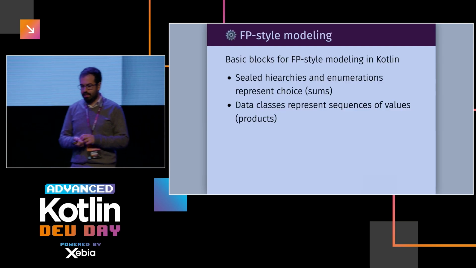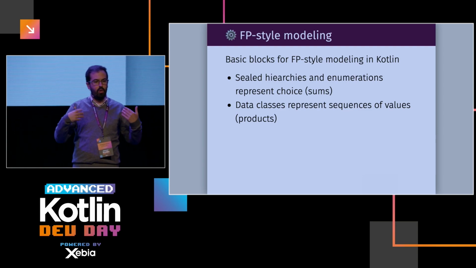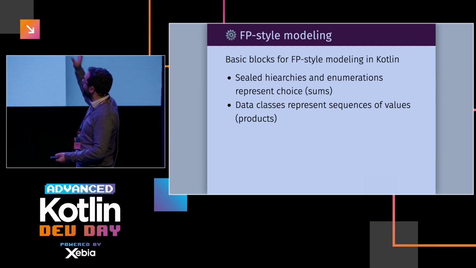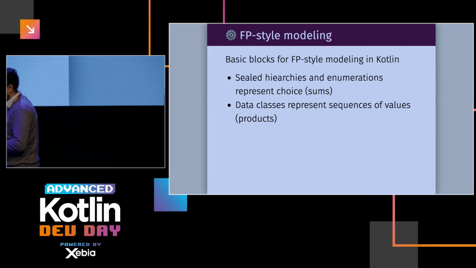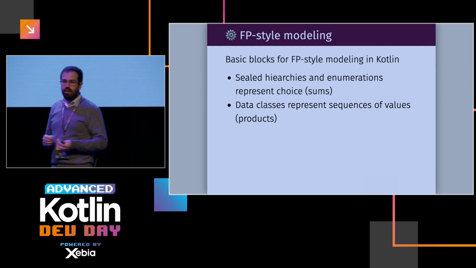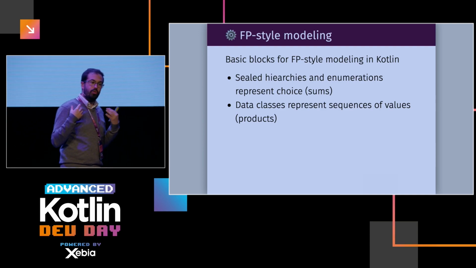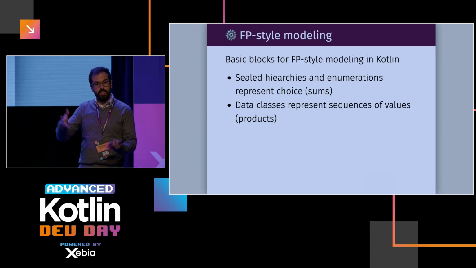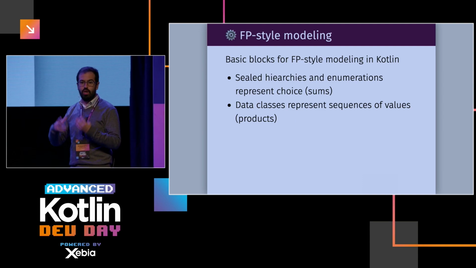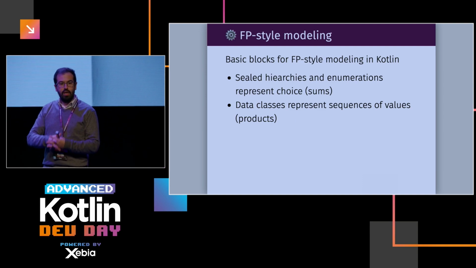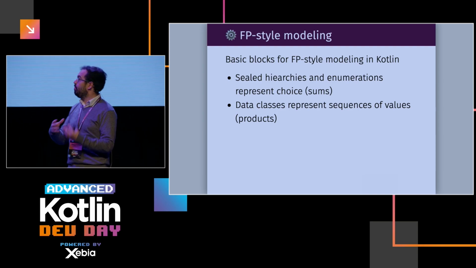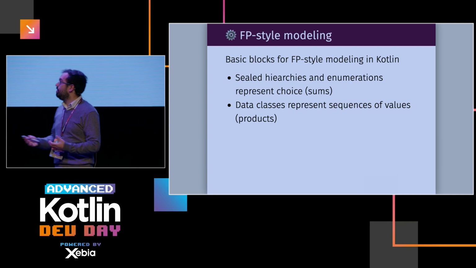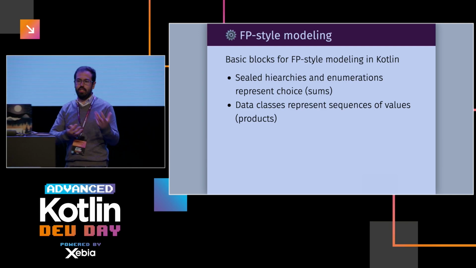So this is the basics of what I want to use for the talk, right? The idea is that if you want to model data in this kind of functional-esque style, you create sealed interfaces and enumerations to represent choice or sums or whatever you want to call it. That's what we did for the type of energies and for the type of cards. And then you have several data classes representing the actual sequences of values.